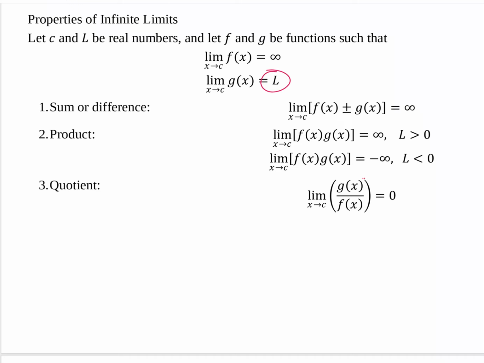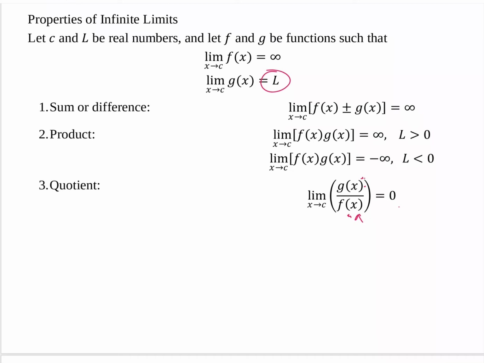And the bigger this number on the bottom gets, with this number staying the same, is just going to give me smaller and smaller and smaller until eventually I'm at 0. So that one hopefully makes sense. This is an infinitely huge limit on the bottom. This is staying steady at whatever number it is. So I guess that's going to result in 0. It kind of makes intuitive sense. Yeah, it does. 0 is just anything over an infinite number.